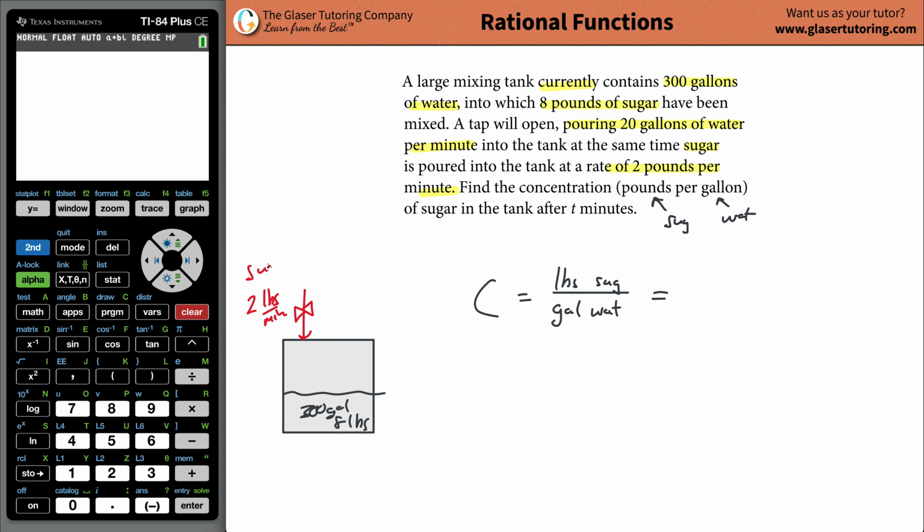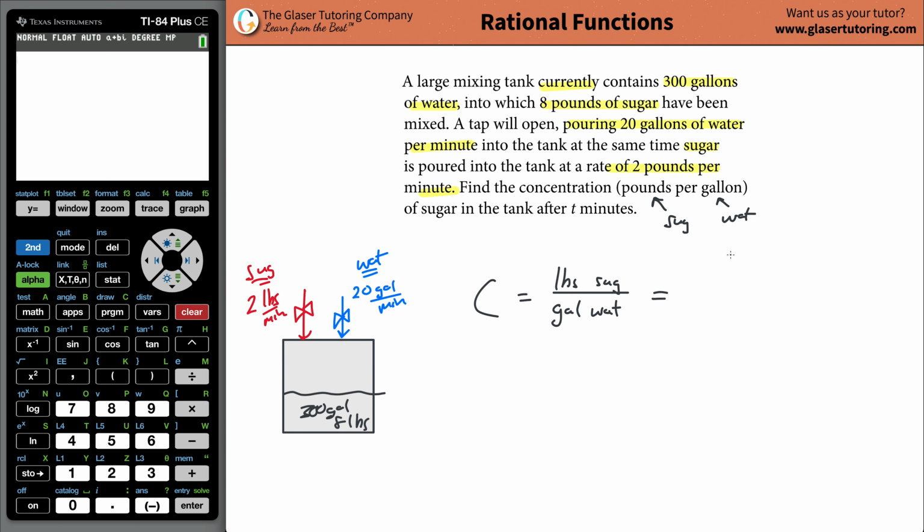This is for the sugar. And it's also going to be adding some amount of water per minute, right? It tells us that it's adding 20 gallons of water per minute. And that's of the water. And here we have of the sugar.